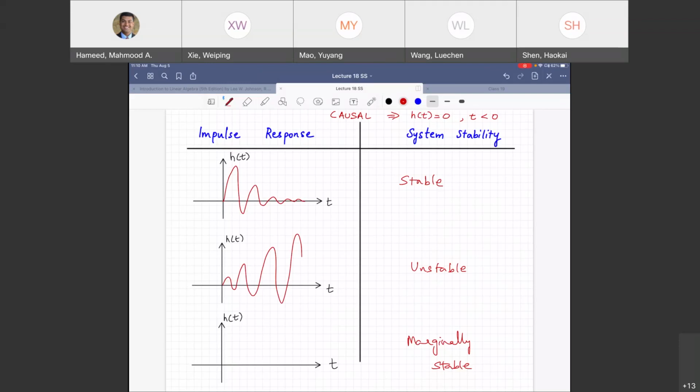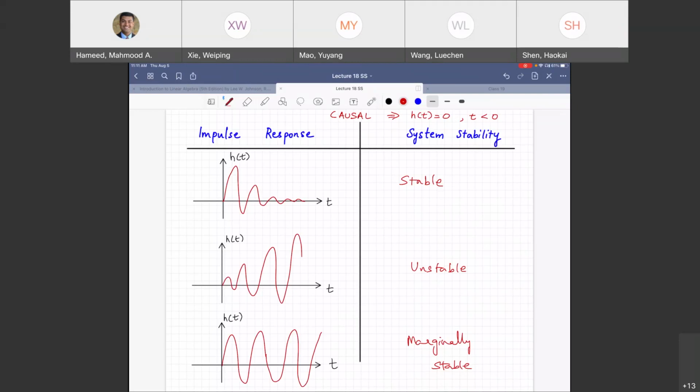Next, marginally stable. What is that? It's like dancing, balancing here, here, here. I will have oscillations, but they will essentially not grow and not die. They will just be there. So this is going to be bounded, but the stability is going to be marginal. It's marginally stable, because a little bit here and there, you're going to go up, you're going to explode.